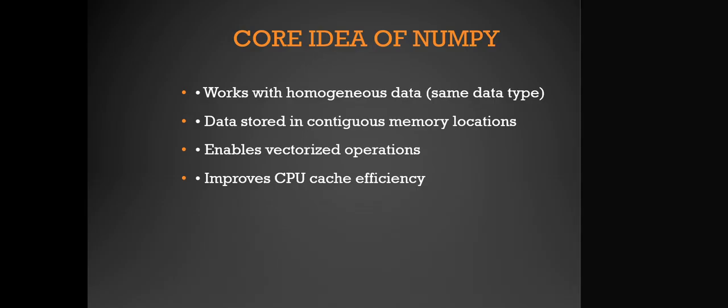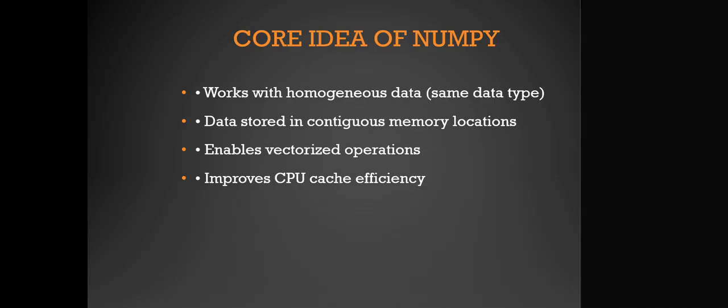The core idea of NumPy is that it works with homogeneous data, which means the same data type. For example, if I have an array, that array consists of only a single data type. If I have an array of only integers, this array should have only integer values.